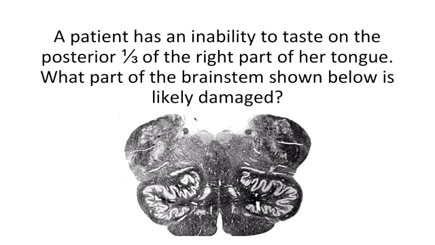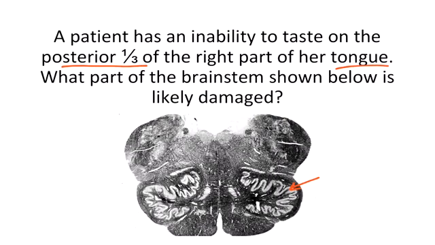Recall that the inferior olivary nucleus is right here, and it's only found in the medulla, which means we're looking at a transverse section of the medulla. You also need to remember from table 8.1 that cranial nerve 9, or the glossopharyngeal nerve, is responsible for taste and general sensation of the posterior 1/3, so posterior 1/3 of the tongue.